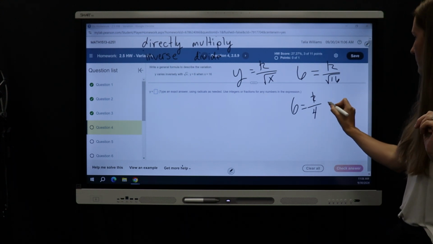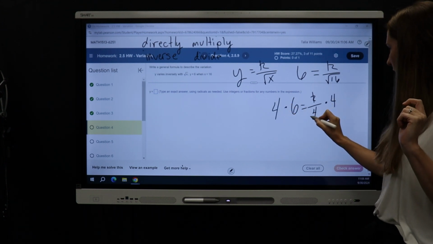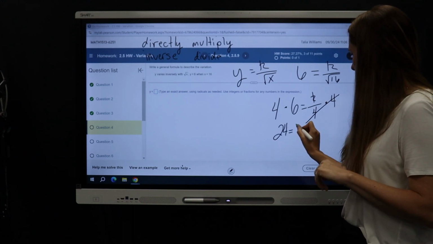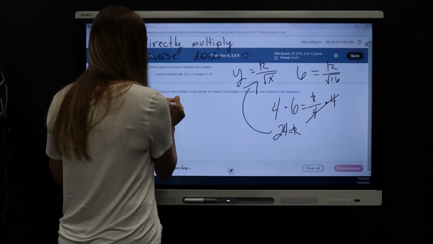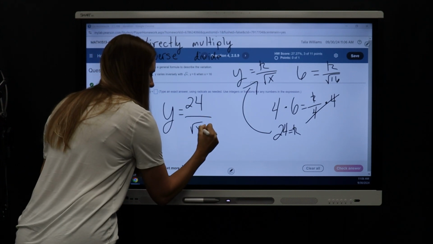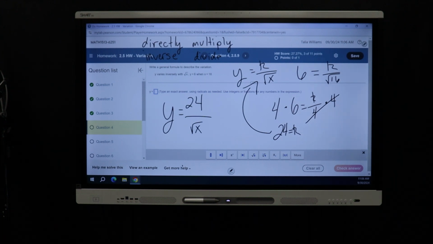And then we multiply both sides by 4 to solve for k, because the opposite of division is multiplication. 4 times 6 is 24 equals k. Then take this and put it back here. So y equals 24 over the square root of x. 24 divided by. Then I need a square root.